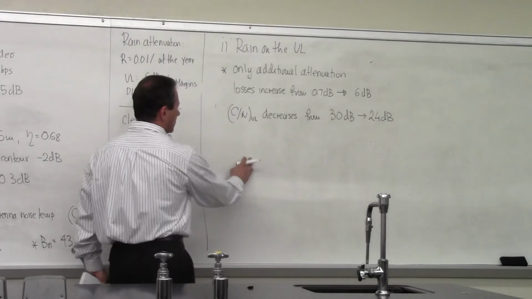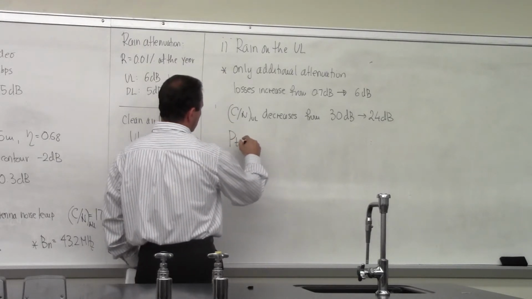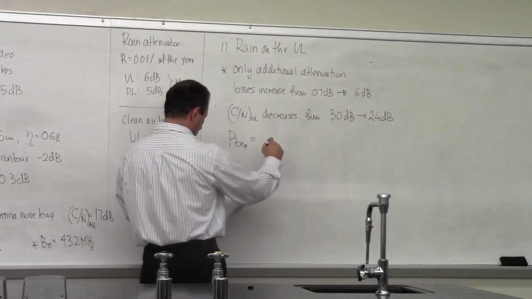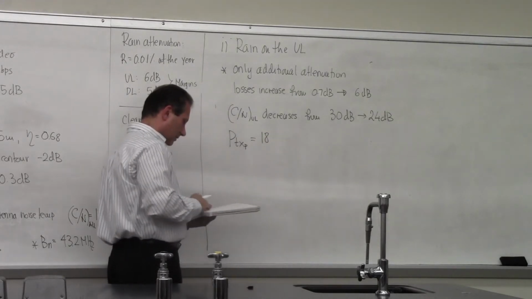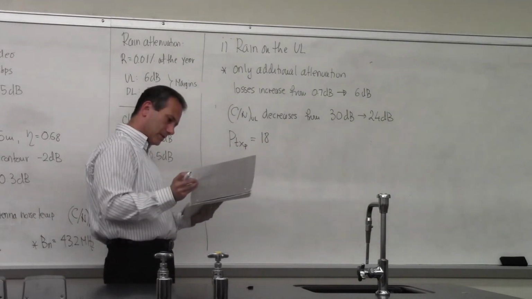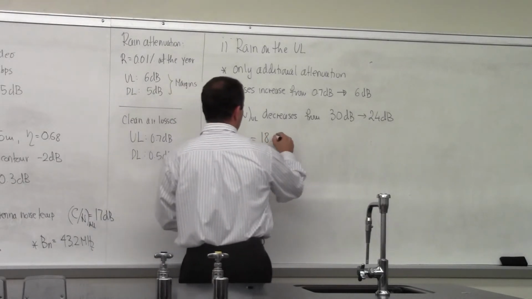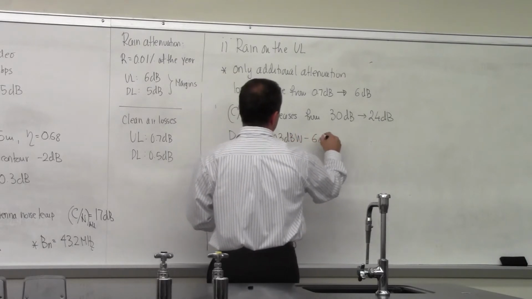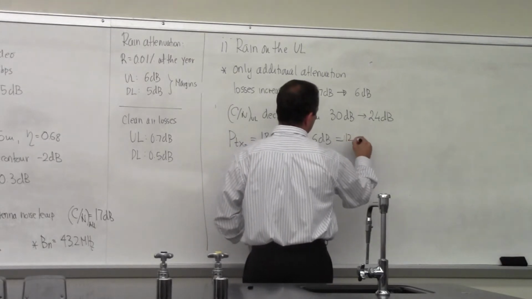Assuming that the transponder has a fixed gain, your transponder transmit power now becomes 18.03 dB watt minus this 6 dB, so it goes to 12 dB watt.